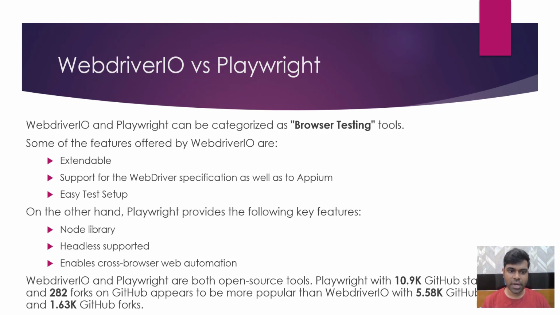On the other hand, Playwright provides the following key features: node library, headless supported, enables cross-browser web automation. WebDriver IO and Playwright are both open source tools. Playwright with 10.9k GitHub stars and 282 forks on GitHub appears to be more popular than WebDriver IO with 5.58k GitHub stars and 1.63k GitHub forks.